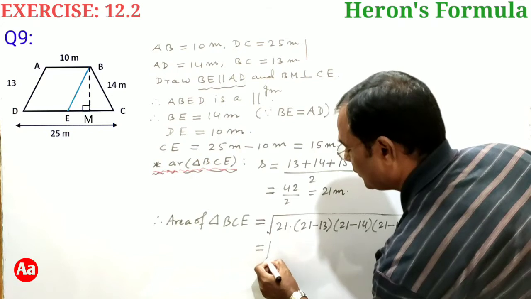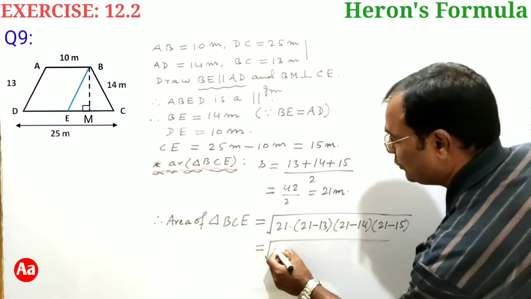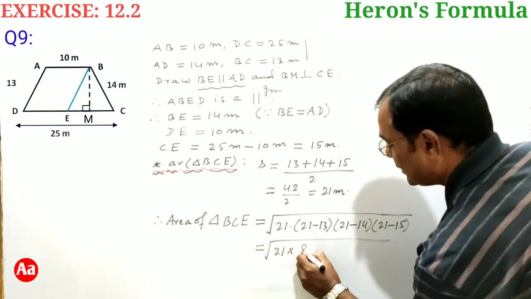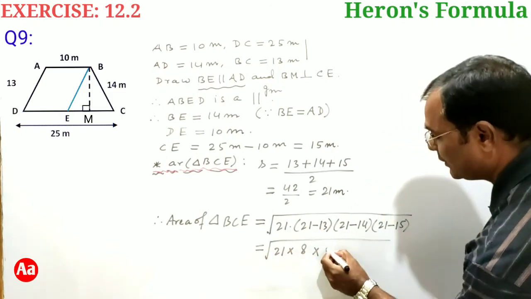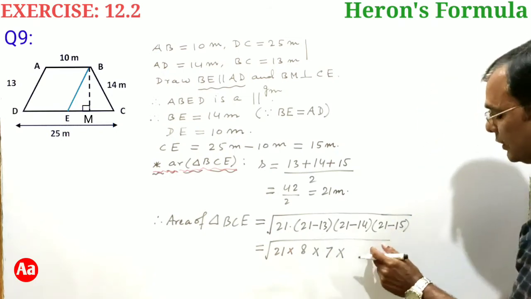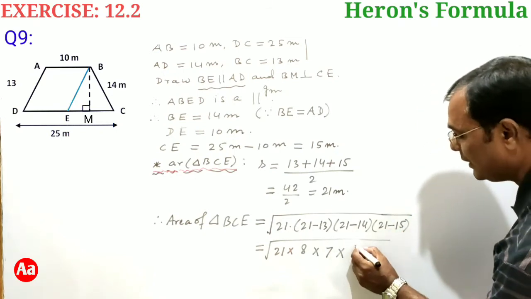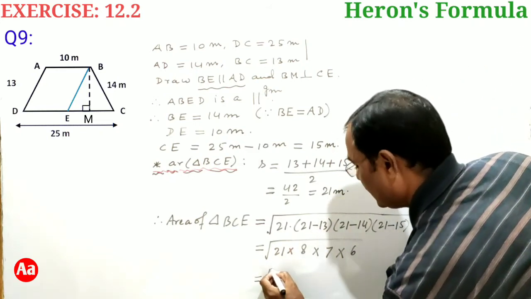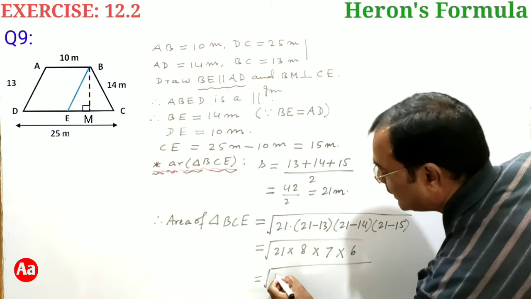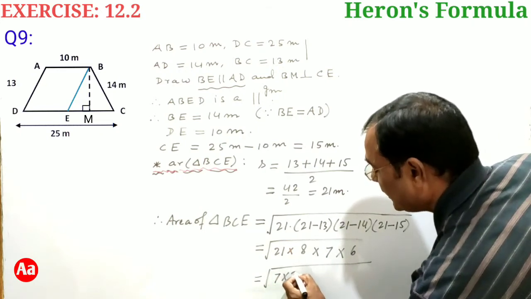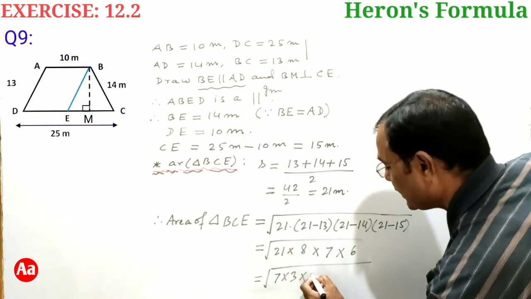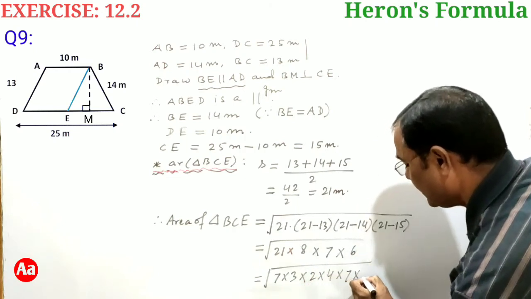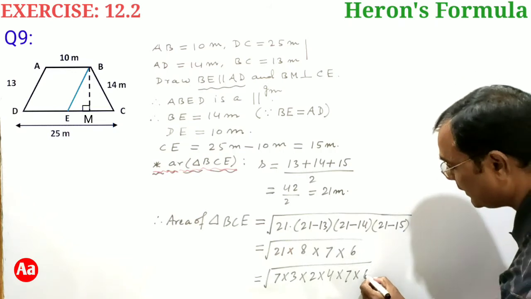So this is equal to under root 21 into 21 minus 13, 8, into 21 minus 14, 7, into 21 minus 15, 6. This is equal to 21, we can write 7 into 3, 8 we can write 2 into 4, into 7 into 6.